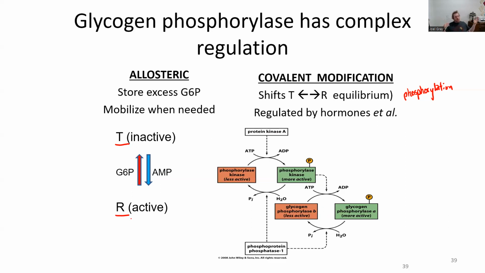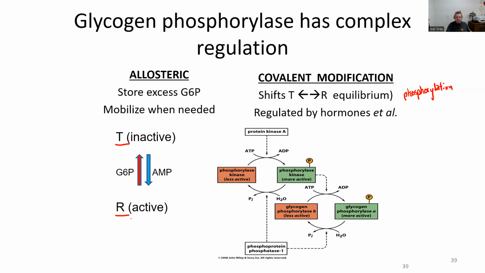T state, the R state. The T state is your inactive state, the tense state, and the R state is the relaxed or the active state. Deoxyhemoglobin, for instance, the deoxygenated hemoglobin, is the inactive form of hemoglobin. That's your T state. Oxyhemoglobin, your active form, is your R form.